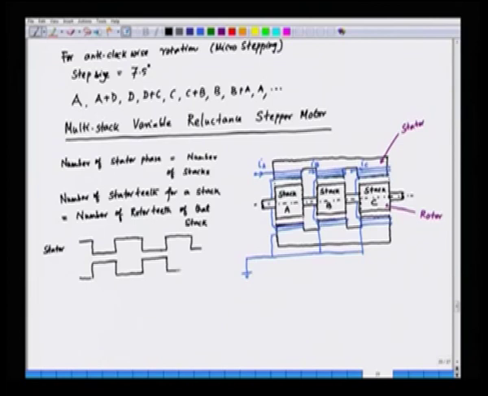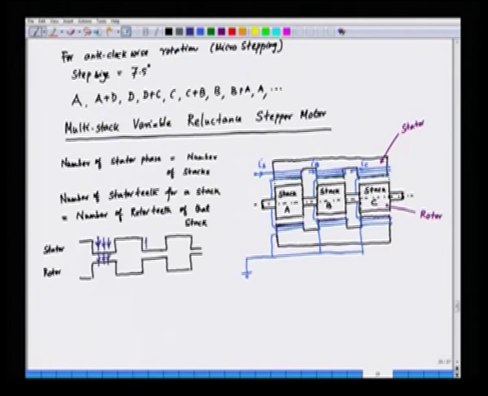So, the idea is this, that when we excite the stator by passing current through the winding, the MMF will be produced like this, these are the MMFs. So, these MMFs or the flux lines will attract the rotor teeth.